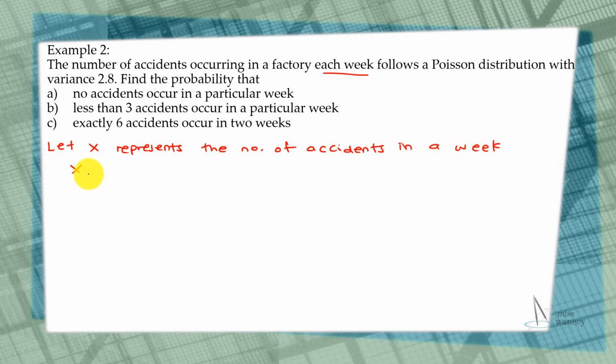Okay, so X is a Poisson distribution, so the average is 2.8. That is what we get from the first sentence.